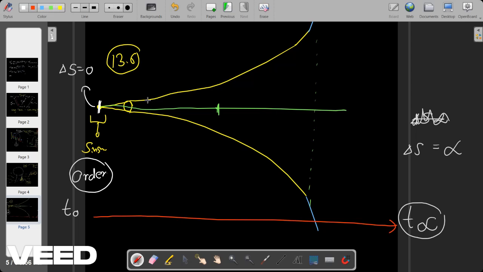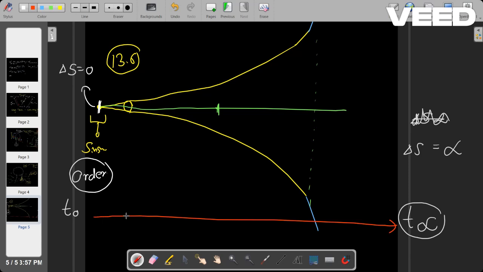Okay, that's okay. Now remember, I told you entropy is at zero, and entropy is at the maximum level, infinity. Now remember, when you go down the timeline, entropy is increasing. Right? Is it understood? Little by little, entropy is increasing.